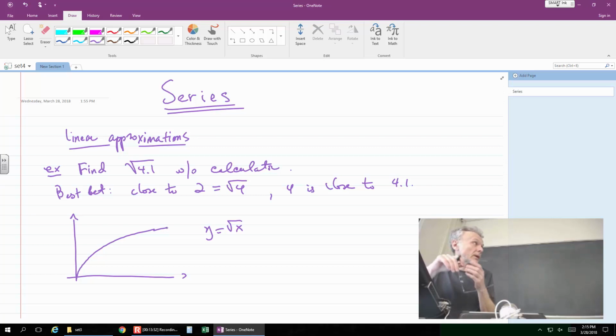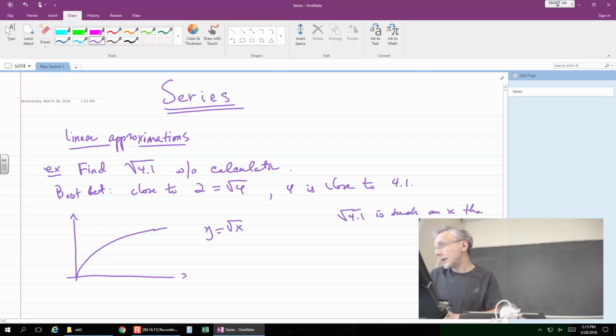It comes from some idea of where square roots come from, and where they appear, and they appear as the inverse function of the square. So it is the inverse. Square root of 4.1 is such an x that x squared is equal to 4.1.